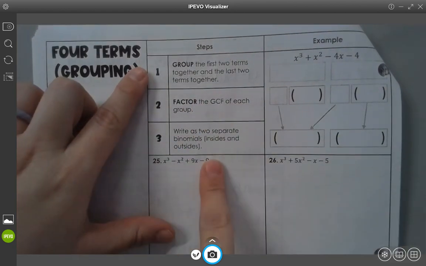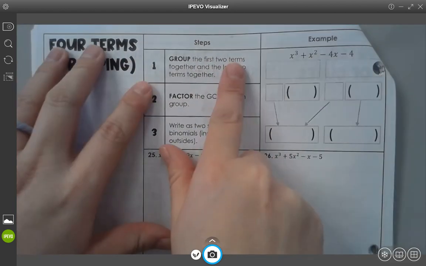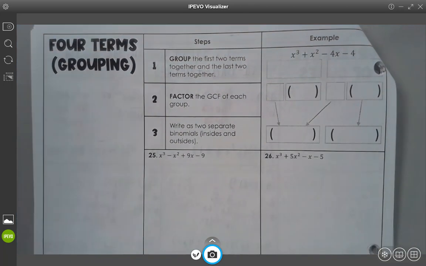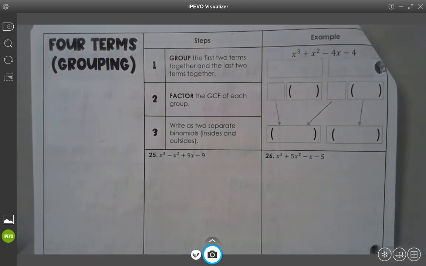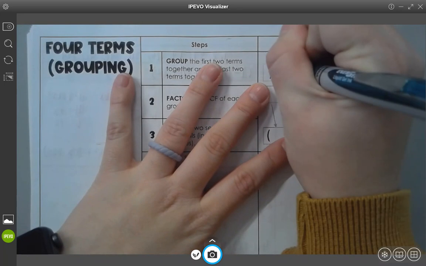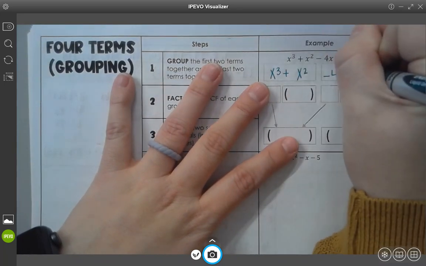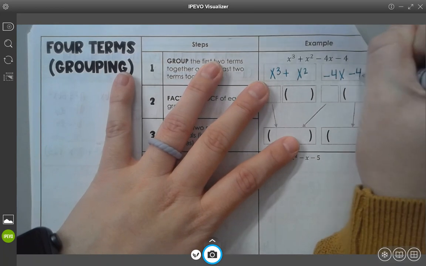So to group, there's a few steps we follow. Group the first 2 terms together and the last 2 terms together. So x cubed plus x squared negative 4x minus 4.